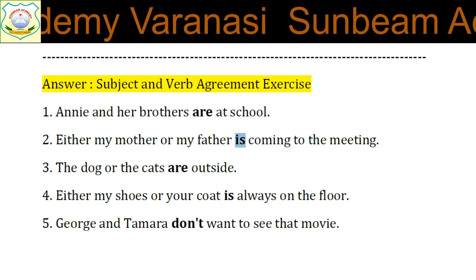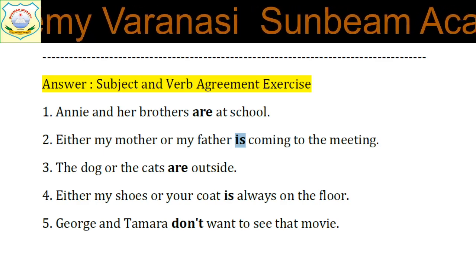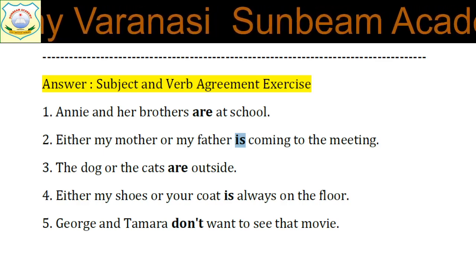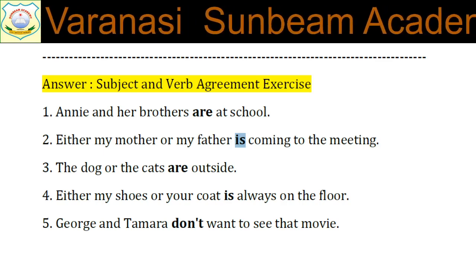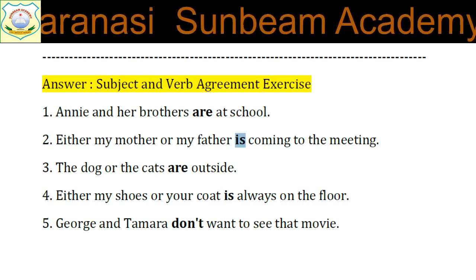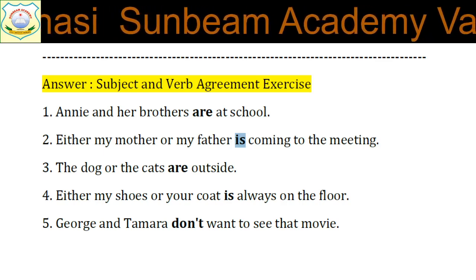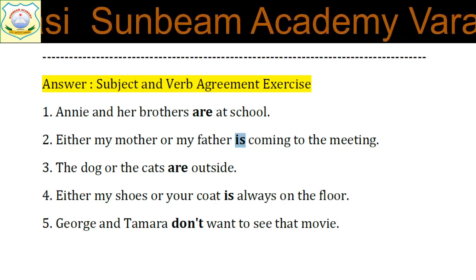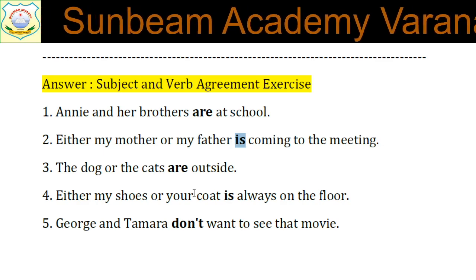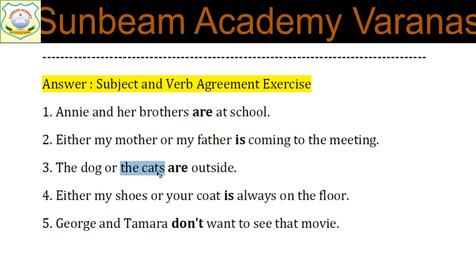So, the dog or the cats. Here you are talking about the dog or the cats. So there are two subjects, the dog and the cats. But the nearest subject is cats, and cats is in plural form.